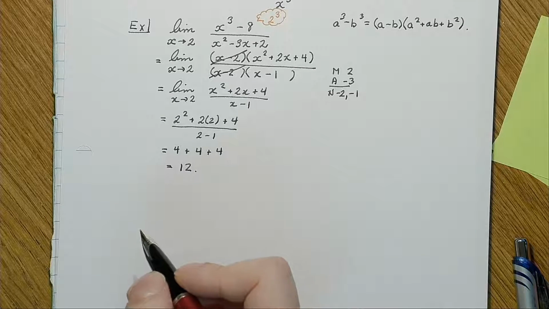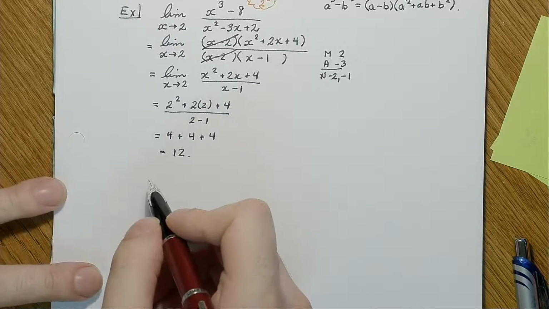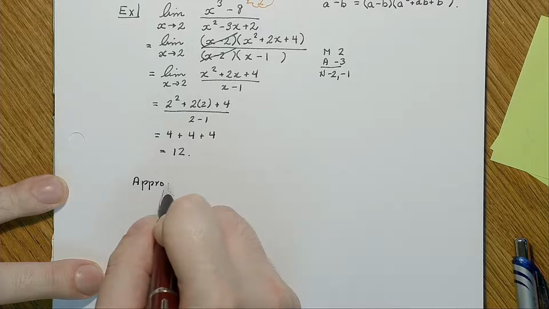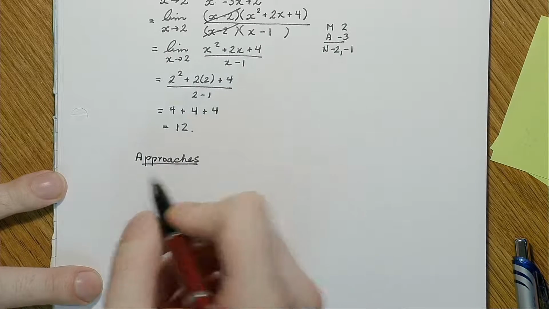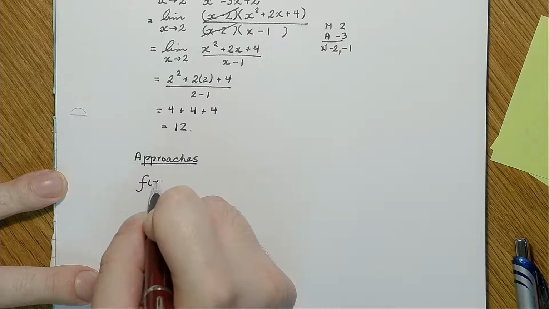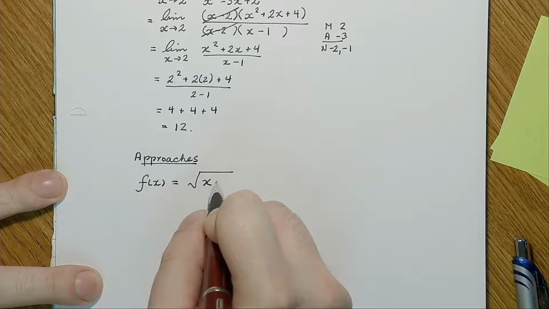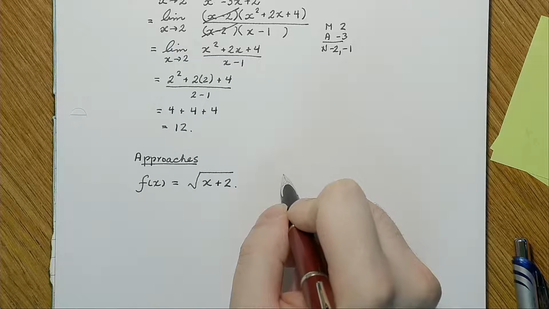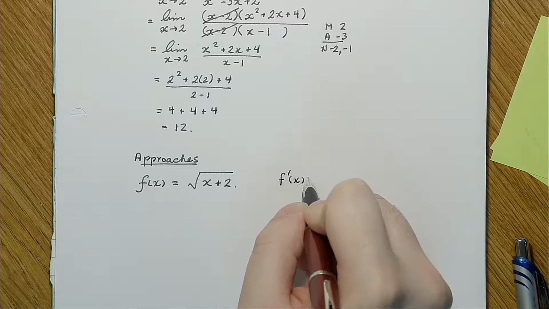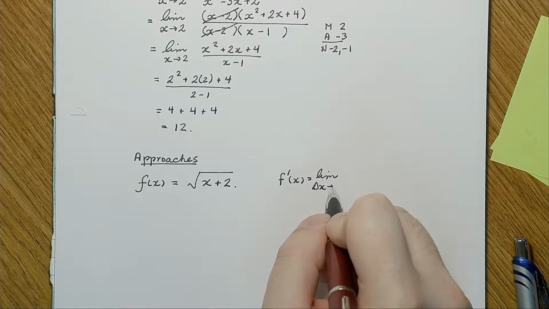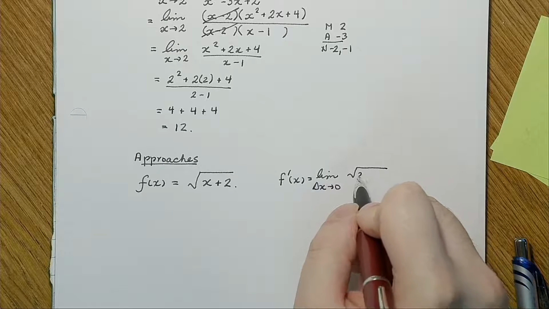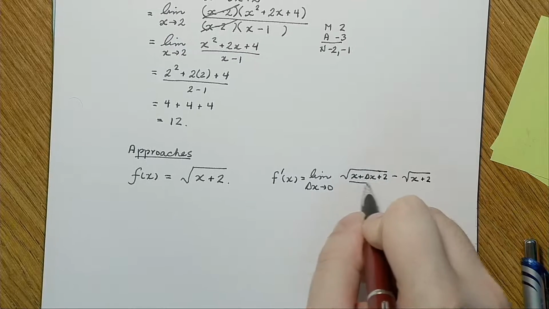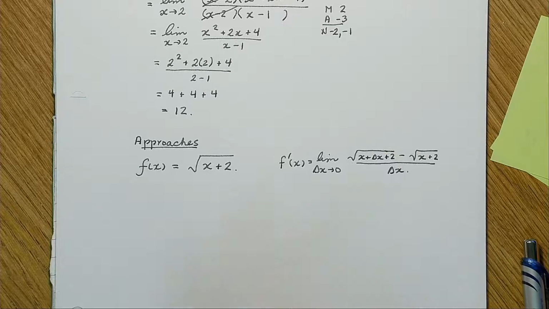So, probably just as a little recap, if I had approaches, maybe called that, and I have this function here, and I have to do my derivative using first principles or the definition, what would I be doing?